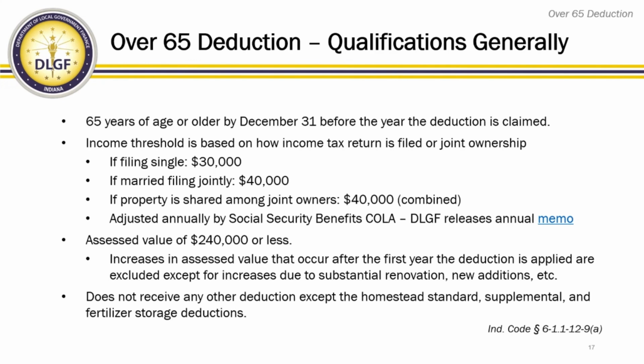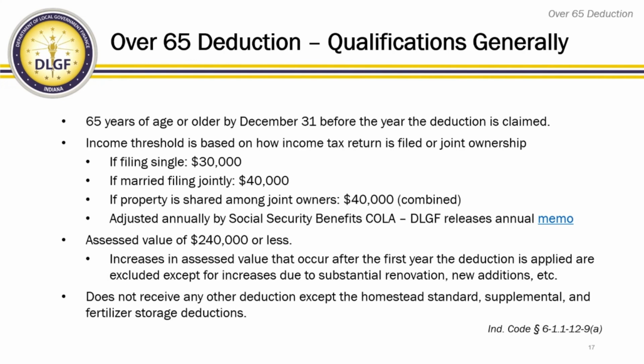However, after the deduction is first applied on the property, any increases in assessed value, especially those increases that bring the AV over that limit, the only increases that would count are those due to substantial renovation, new additions, or improvements on the property. You are not to include any increases in AV that are attributed only to trending or annual adjustments.